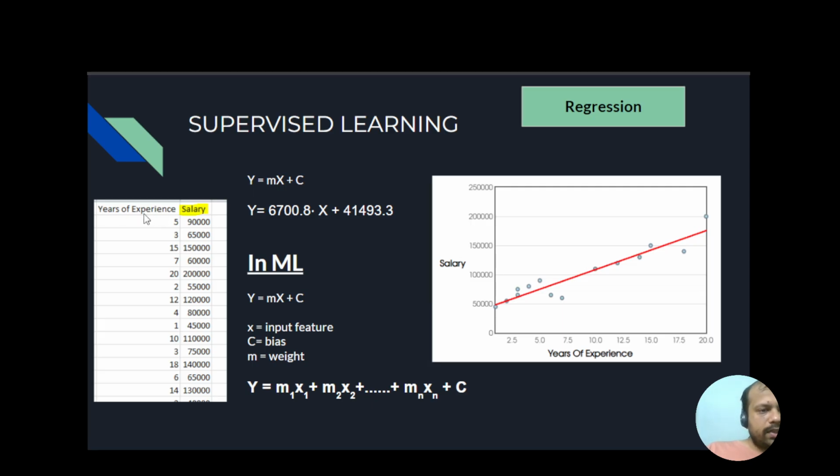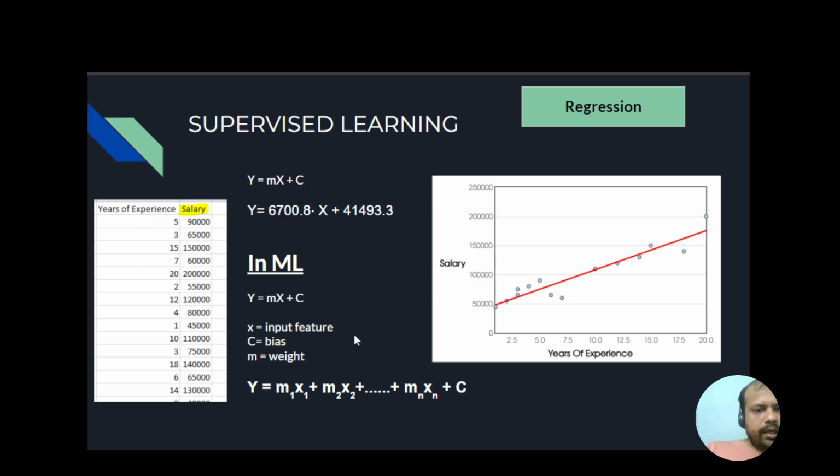So years of experience is one such feature. Another feature could be location, where you will be joining, right? Tier 2, tier 1 city, work from home. Another feature could be your last drawn salary, right? On that you will get the new salary. So these are the input features on which your output depends.